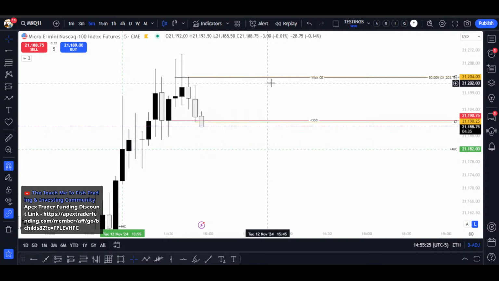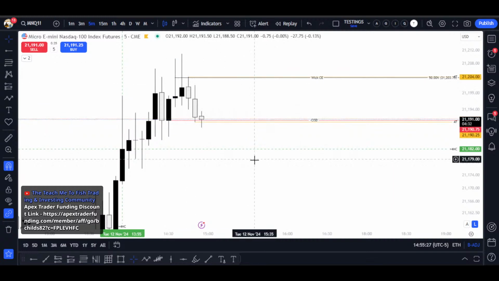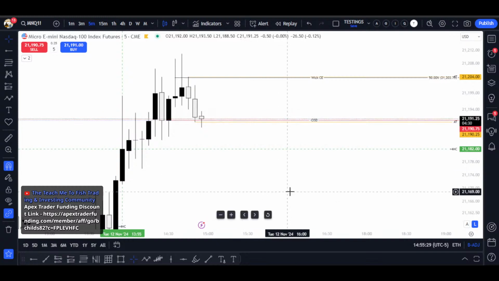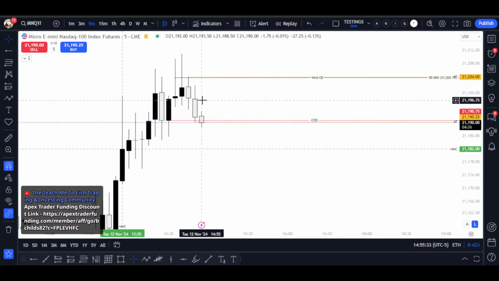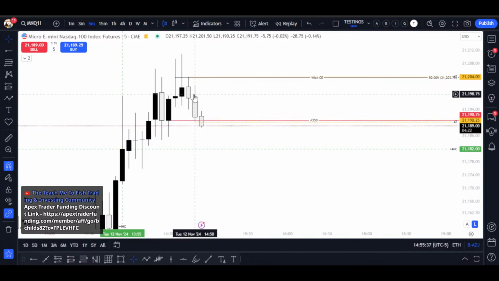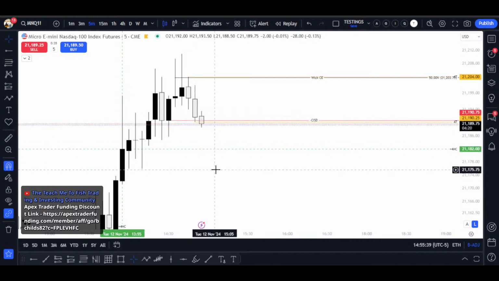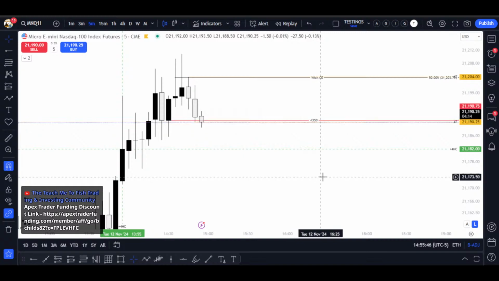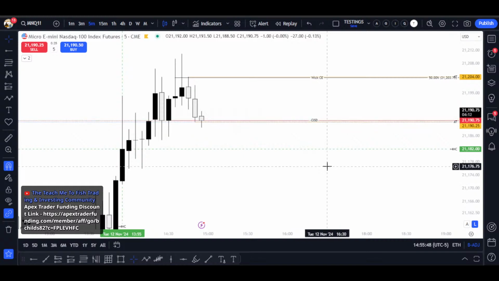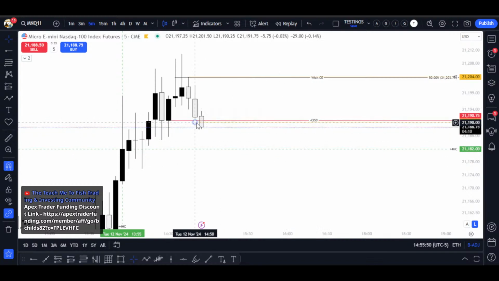I wanted to leave this algo target open for right now. Got a small volume imbalance here. So price still has work to do up here, but again, I want to see it come down below 21,182. All right, that algo target has been met.